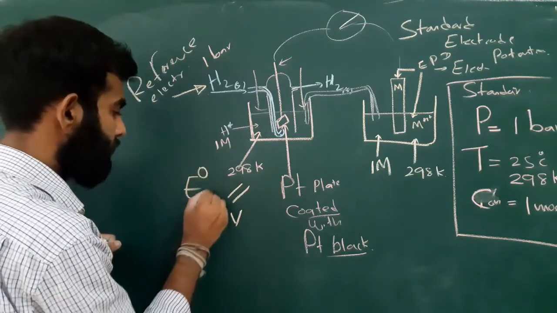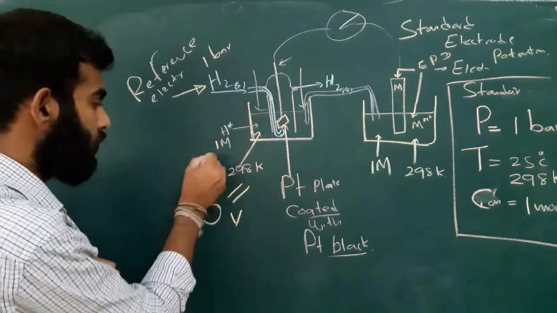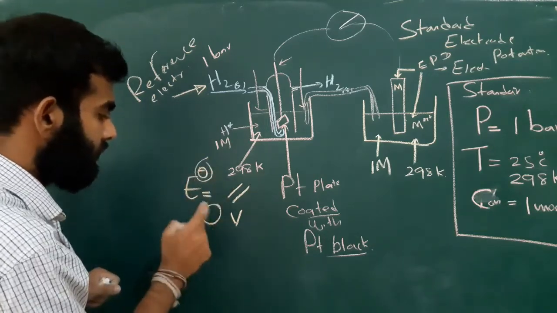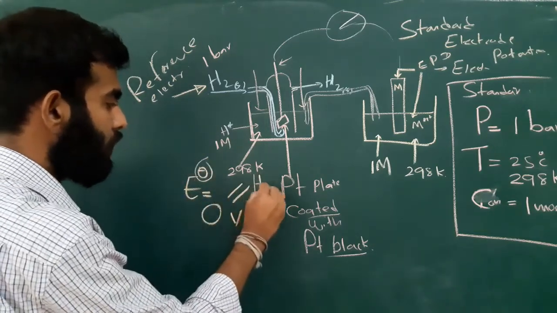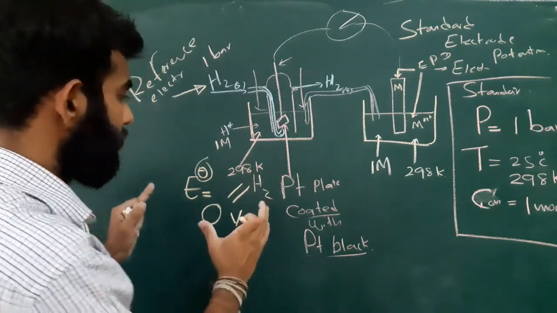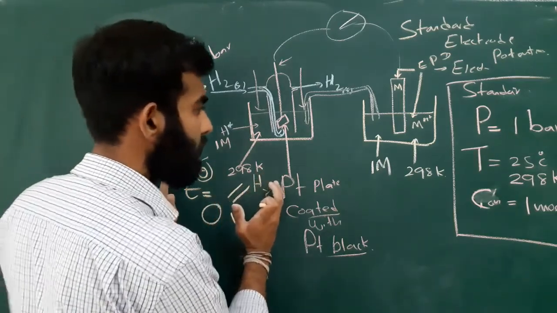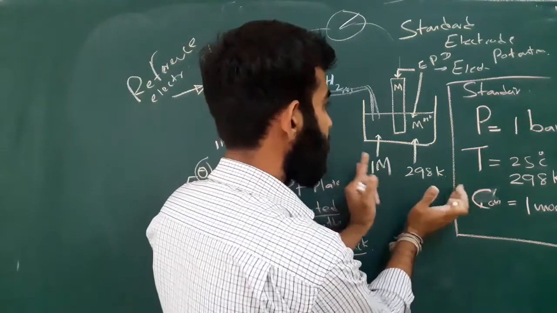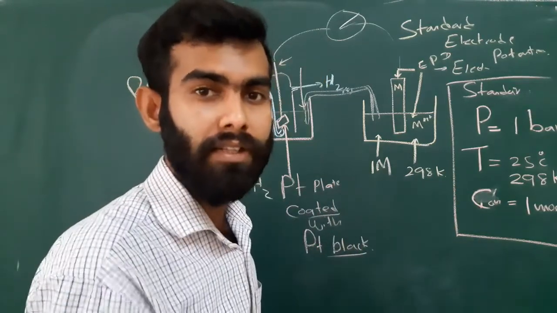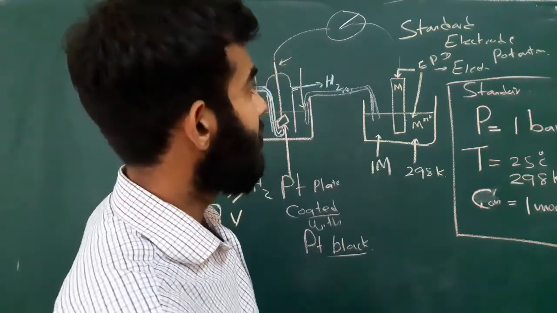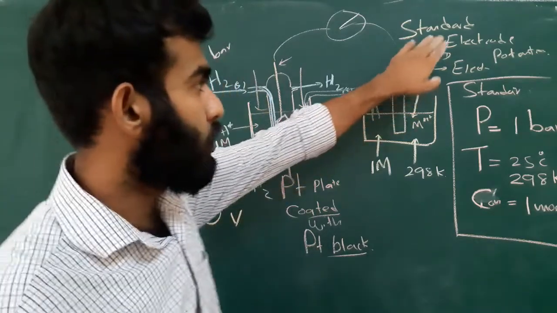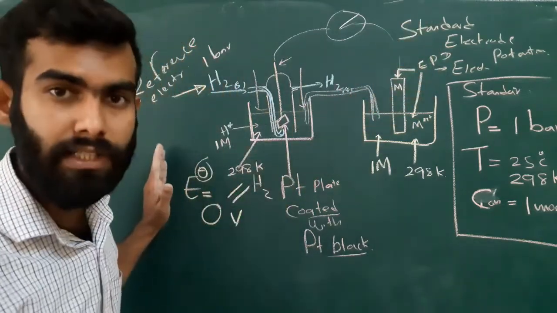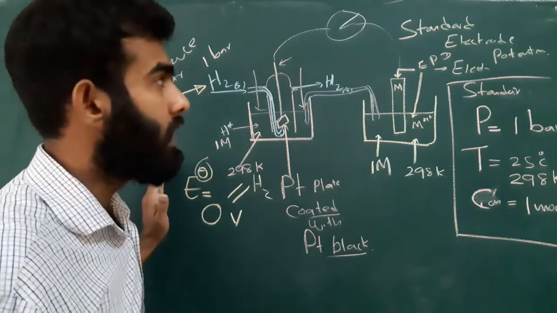E theta, the standard electrode potential, is 0 for the hydrogen electrode. Compared to this hydrogen electrode, we can measure the potential of our cell.